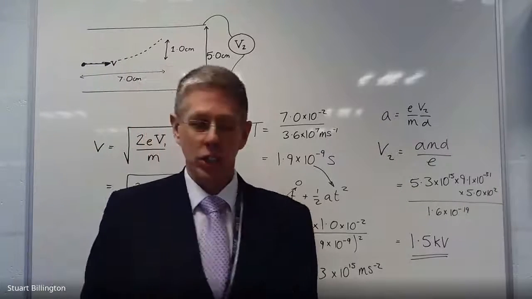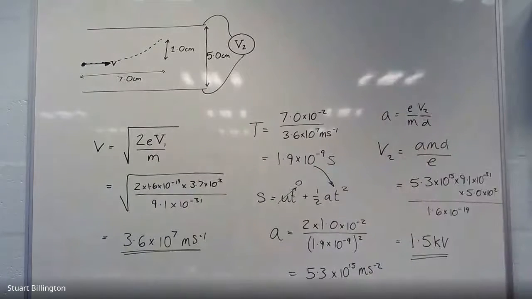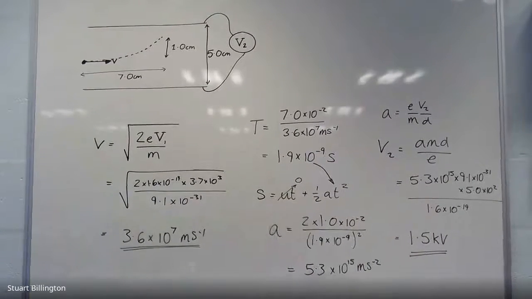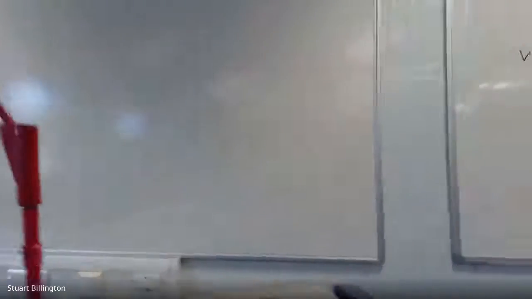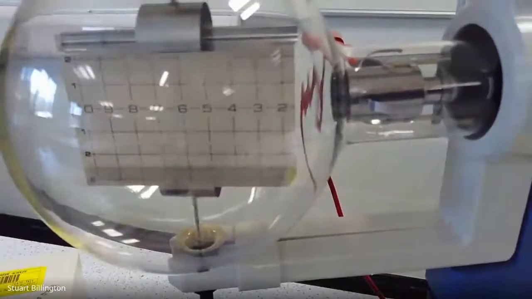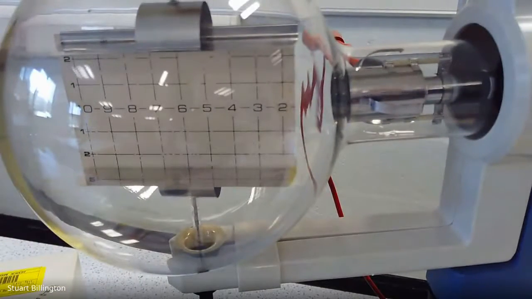However, the biggest issue, if I just show you again on this thing, is that the starting point is listed as 2 centimeters there. But there are end effects, and I'm not really convinced about how accurate this machine is in terms of that horizontal scale.